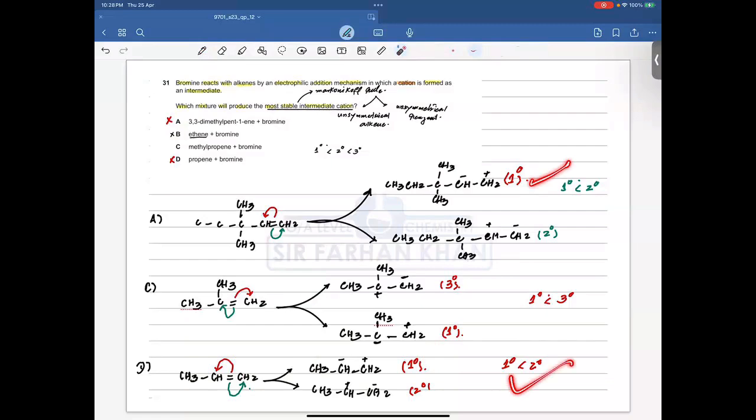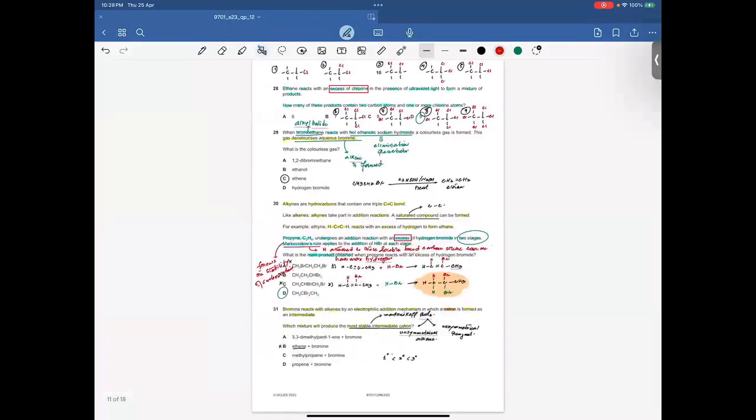In option D, we have 2 degree more stable than 1 degree. So this seems like the same situation in terms of stability, which means C is going to be the right answer because in C, we have tertiary carbocation, which is more stable than primary and secondary. I hope it makes sense to you. I hope you find it a little bit easier now.